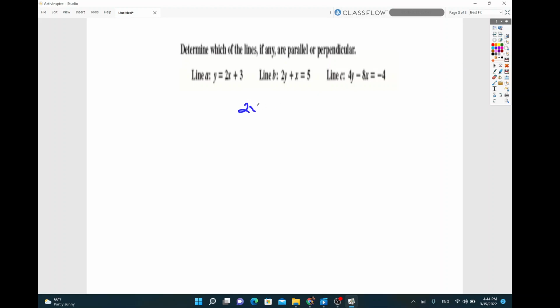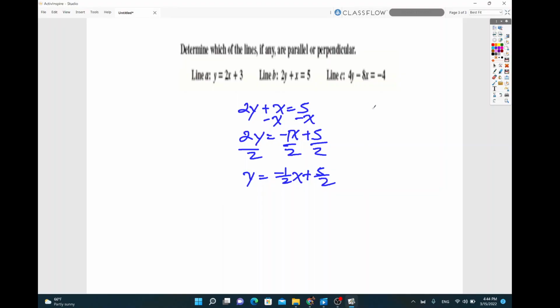For line B, 2y plus x equals 5. That means 2y equals negative x plus 5. Basically, I just subtracted x on both sides and then divided by 2 on both sides. So we have y equals negative 1 over 2 x. If you don't see a number there, that's just considered 1, but it's negative, so negative 1 over 2, x plus 5 halves.